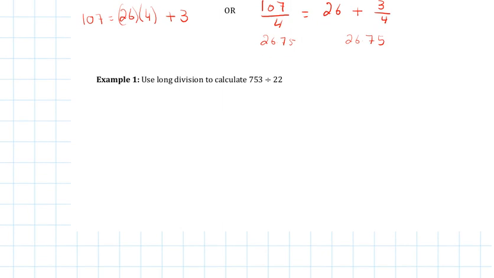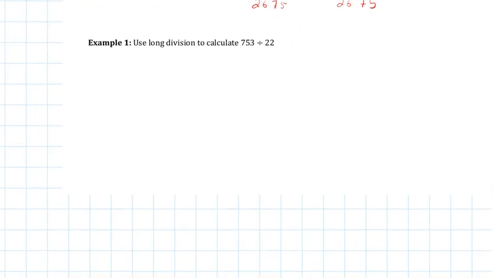Let's try one more example. We're going to use long division to calculate 753 divided by 22. Set it up exactly the same way. How many times does 22 go into 7?